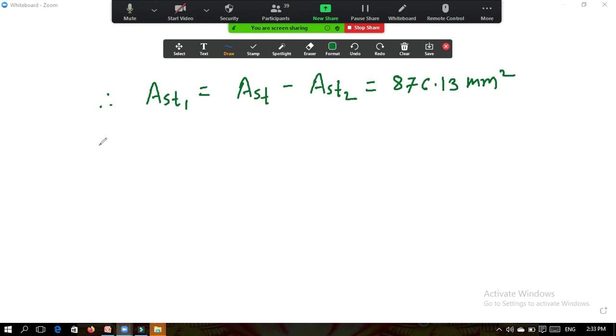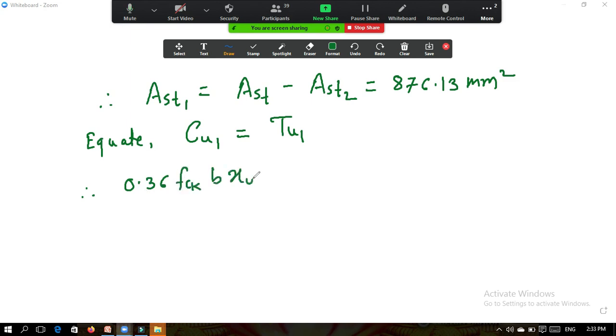Now calculate the XU. We know the value of XU max already, 216. So equate CU1 is equal to TU1. Therefore CU1, 0.36 FCK B into XU, must be equal to 0.87 Fy AST1.